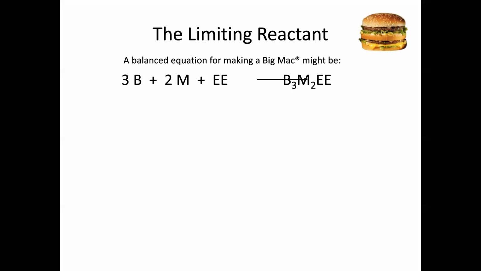So when we're thinking about a Big Mac, you have 2 pieces of meat, 3 pieces of bread, and all your condiments. We're calling that everything else. And it comes out as Big Mac.